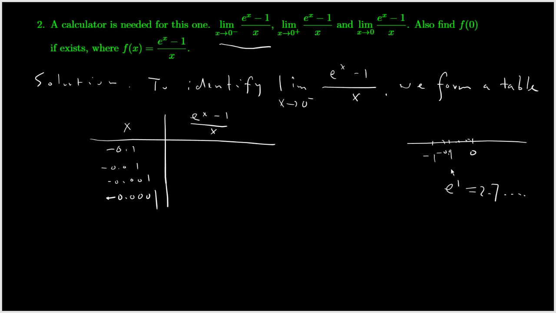After getting the E button, I want you to evaluate this function at negative 0.1. By that we mean I want you to compute E to the power of negative 0.1 minus 1 over negative 0.1. You replace x with negative 0.1, and then you evaluate the function.